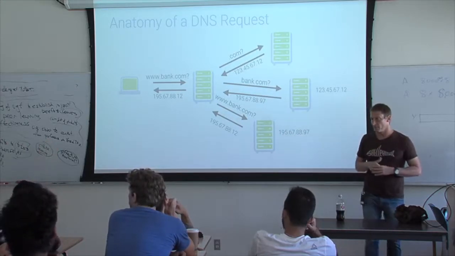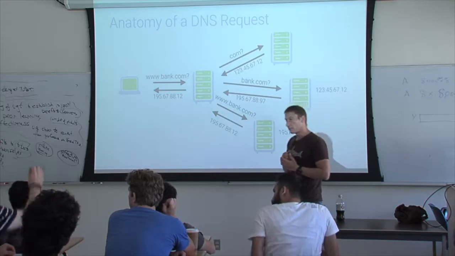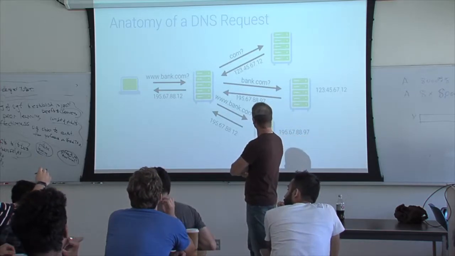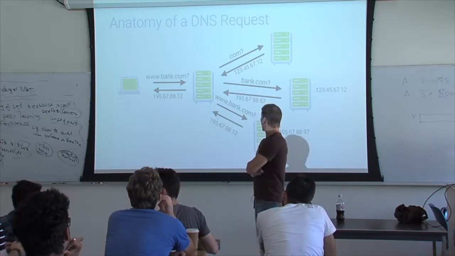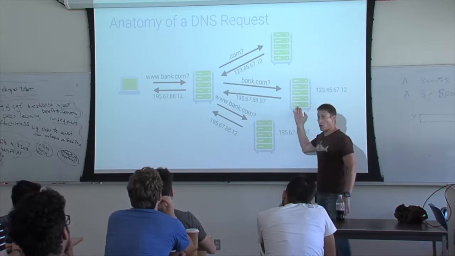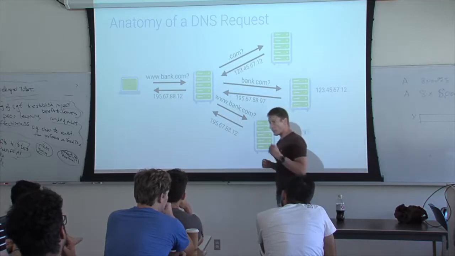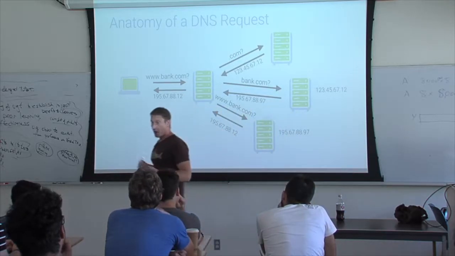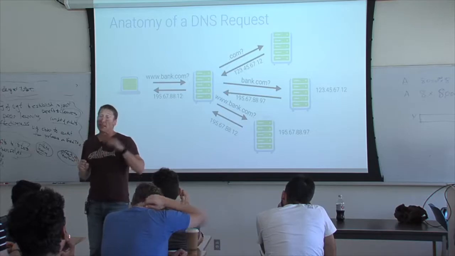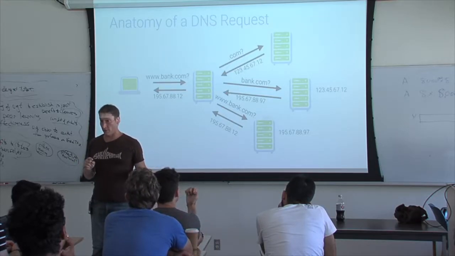Other questions? Yes. Does that mean that the .com server has to have every single .com website? Correct. This is the .com server, this guy. Okay? It knows about .com, Verizon.com, foo.com, bar.com. It knows where the DNS servers are.